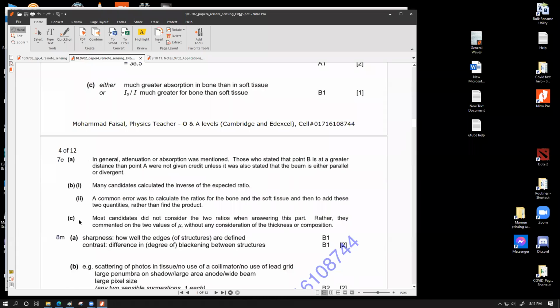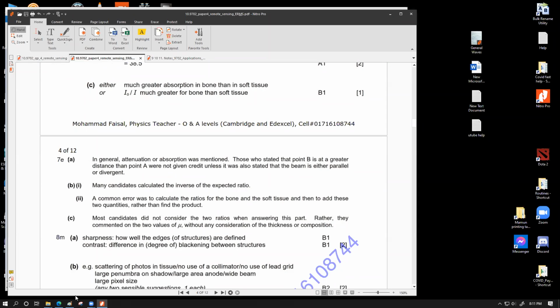Most candidates did not consider the two ratios when answering this part. Rather, they commented on the two values of mu without any consideration for the thickness or composition. So this is the important bit: mu is a characteristic property of the medium, but exclusively the mu does not determine how much the beam would be absorbed.